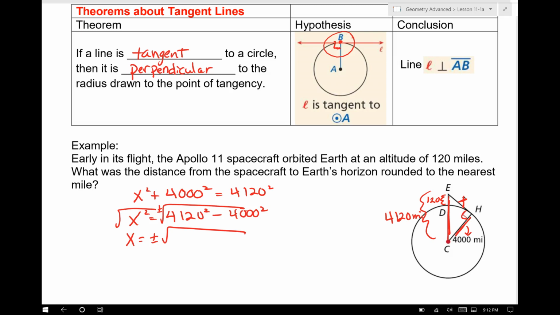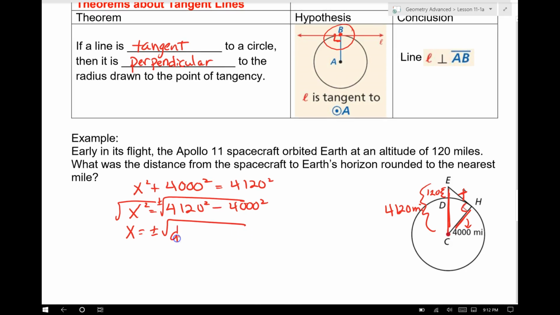I'm doing this for my notes, and you know that could be totally wrong, guys. So it should be 974,400, and this would be squared miles here. Okay, if I take the square root of that, what do I get to the nearest mile? And that would be about 987 miles.